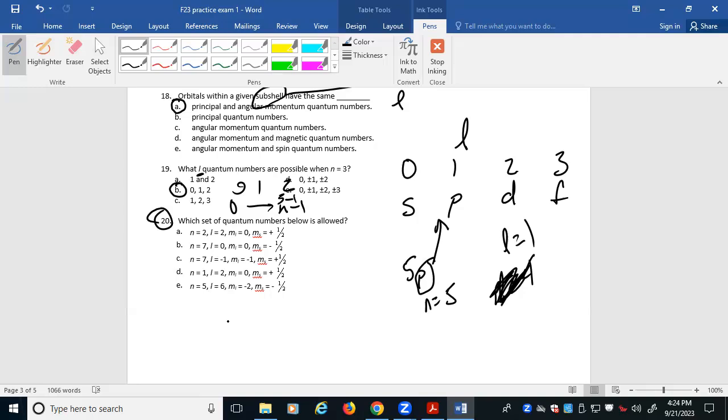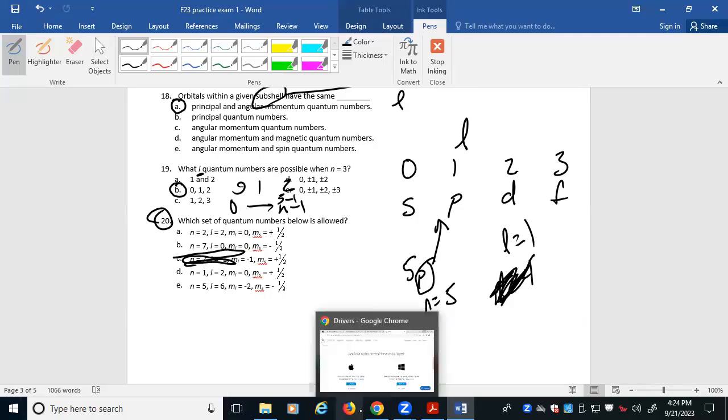Look for spin quantum numbers that are anything but positive and negative 1/2. Now, in this particular instance, none of that is the case. So let's look for other obvious kinds of issues. L can never be negative. L starts at 0. So I know C is incorrect.